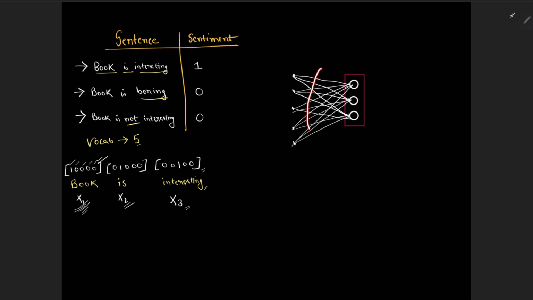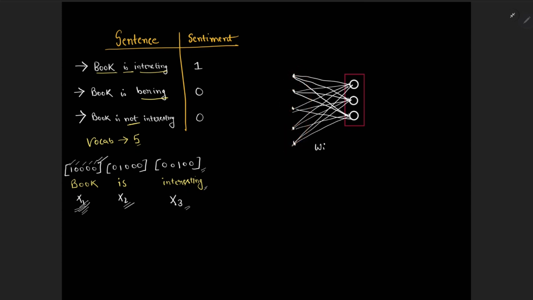So what are these connections? What's the importance of these connections? These connections are nothing but weights. And what do they signify? They signify the importance of each of these features in the input in predicting the outcome.